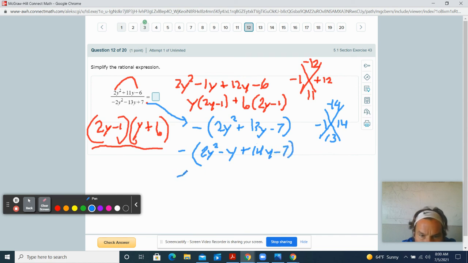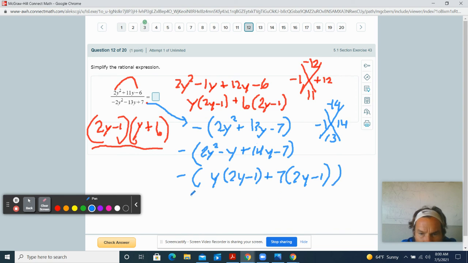Okay, so I'm going to factor out a y, so it's y times 2y minus 1, plus there's a 7 common to 14 and 7. So I factor out a 7 and I get 2y minus 1 again.